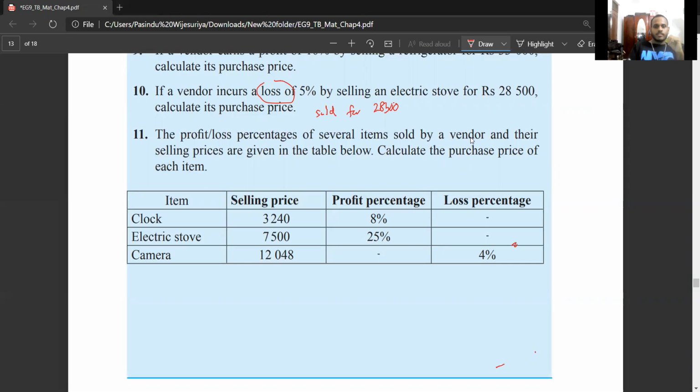Okay. Sorry about that. So here, if it's a 5% loss, it means that the initial amount is x into 95%. If they sold it for 28,500, the selling price is 28,500, the cost price should definitely be higher. So that is why here you get 100% minus this 5% is 95%.